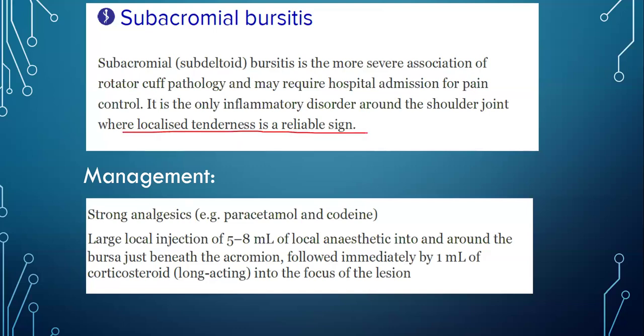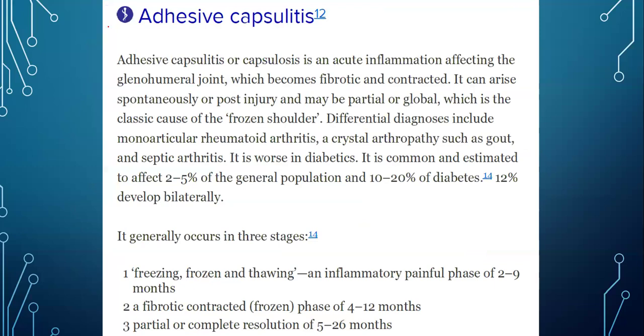If there is localized tenderness at a specific point of the shoulder, then we think of subacromial bursitis. For treatment, you can even give them a strong painkiller such as Panadine, like paracetamol and codeine, but the very good treatment will be inserting a steroid injection into the bursa. That's usually the treatment.